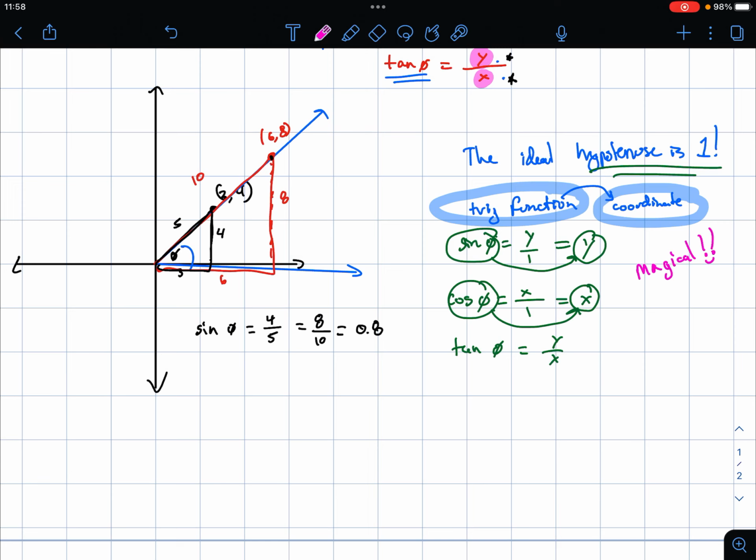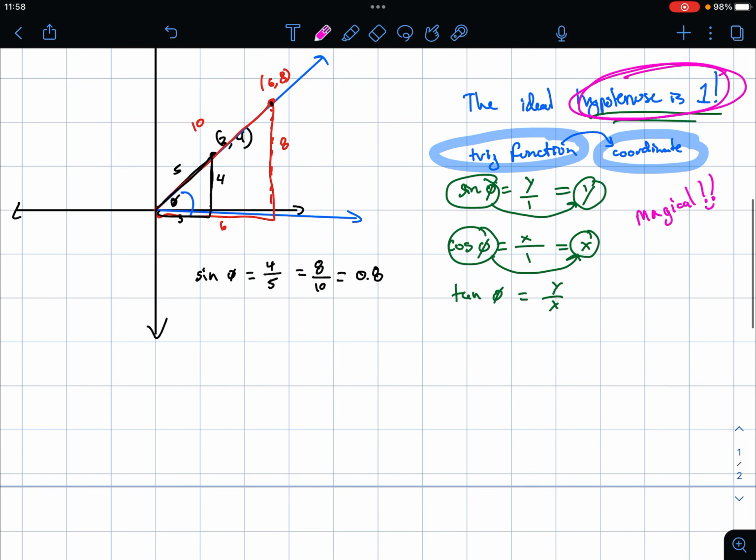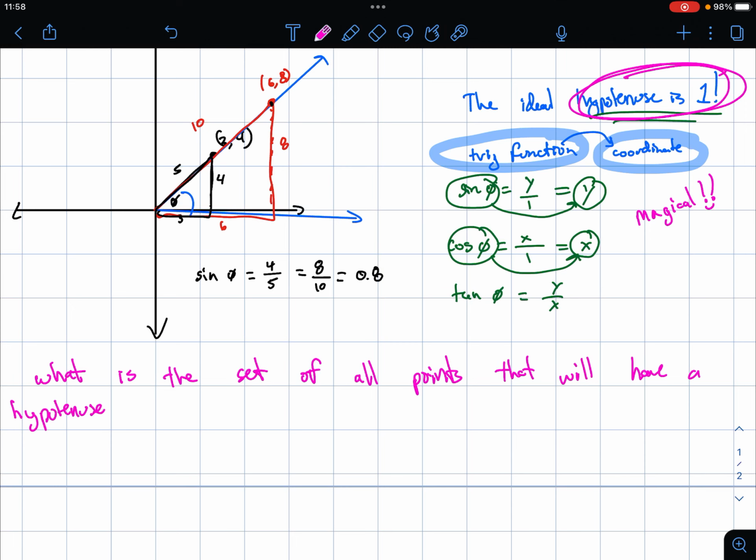Magical. Okay. But if we want this hypotenuse to be 1, we must ask ourselves, what is the set of all points that will have a hypotenuse of 1? I'm going to pause and write this so you can think about it. What is the set of all points that will have a hypotenuse of 1?